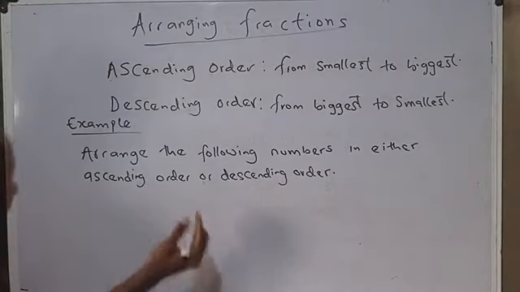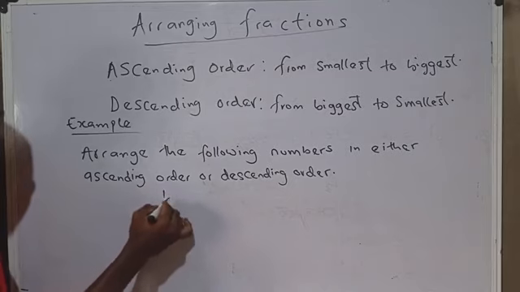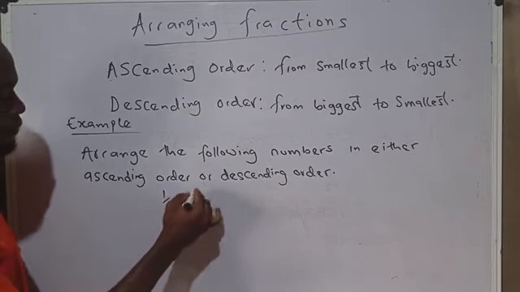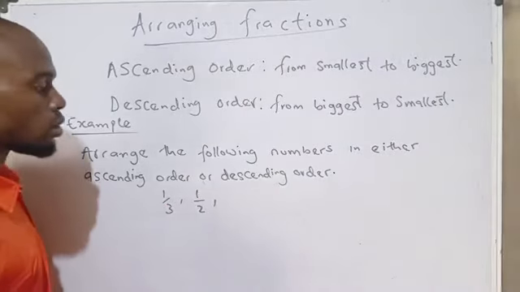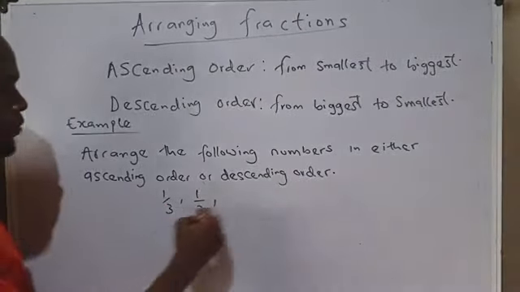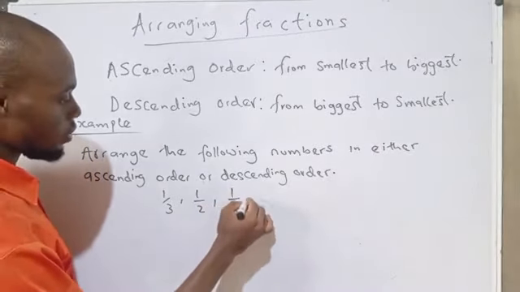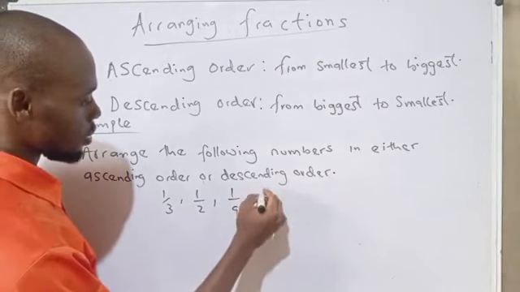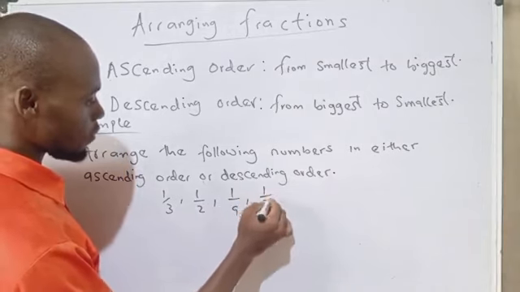Now, let's look at these numbers. Let's just take some fractions. Let's say 1 over 3, 1 over 2, let's say 1 over 9, then 1 over 5.